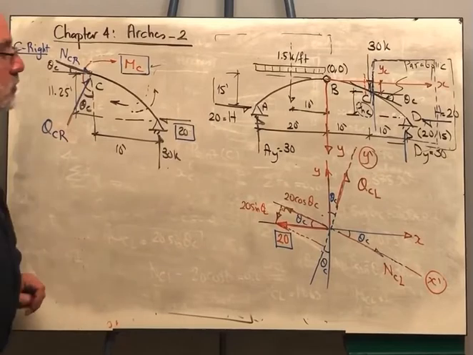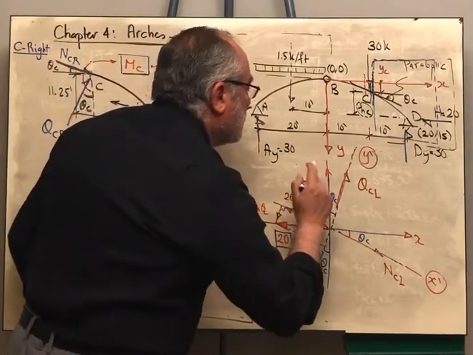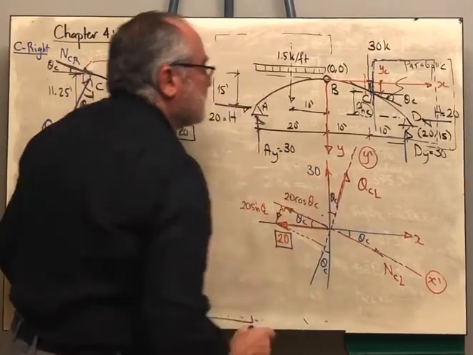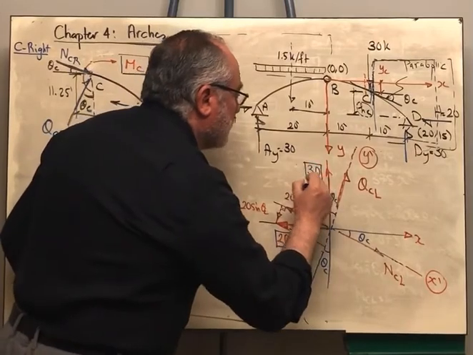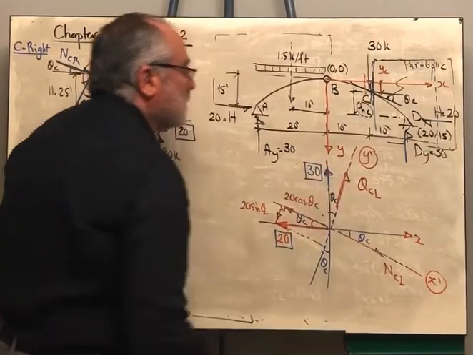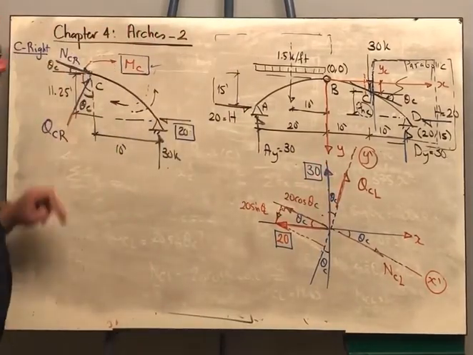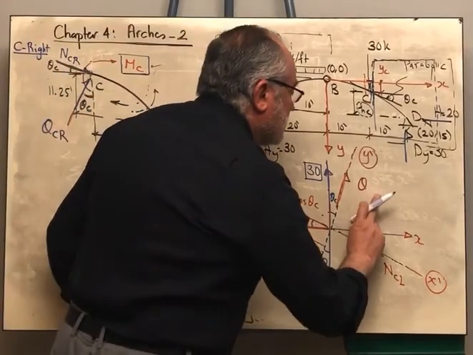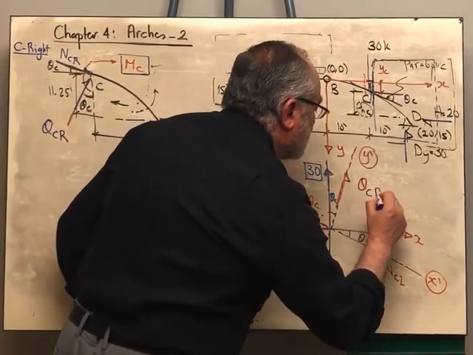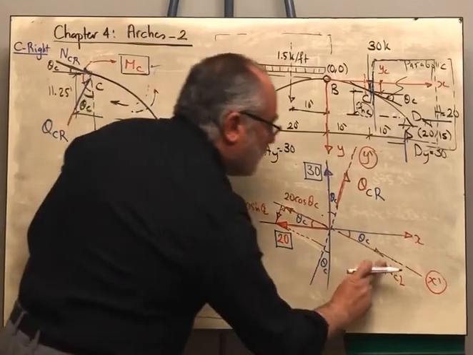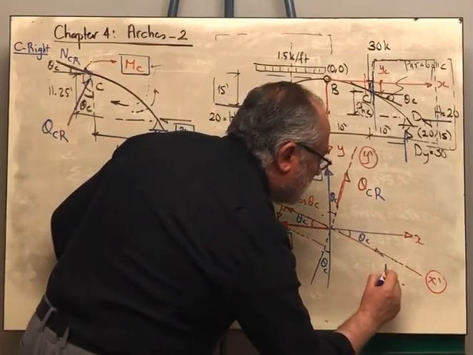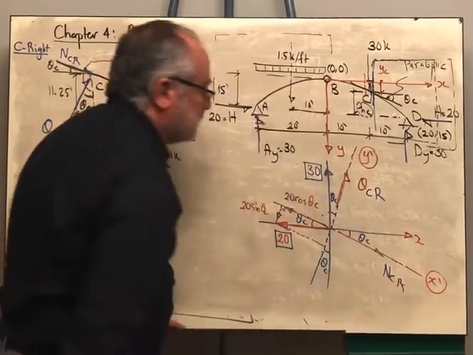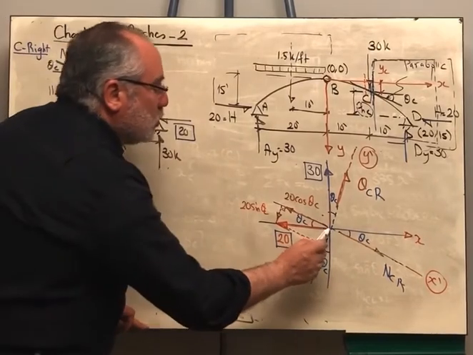And I need to draw the 30. So I will have the 30 kips force as well in this direction. Now the shear is no longer QC left, it is QC right. And the normal force is NC right. Still the same resolution.